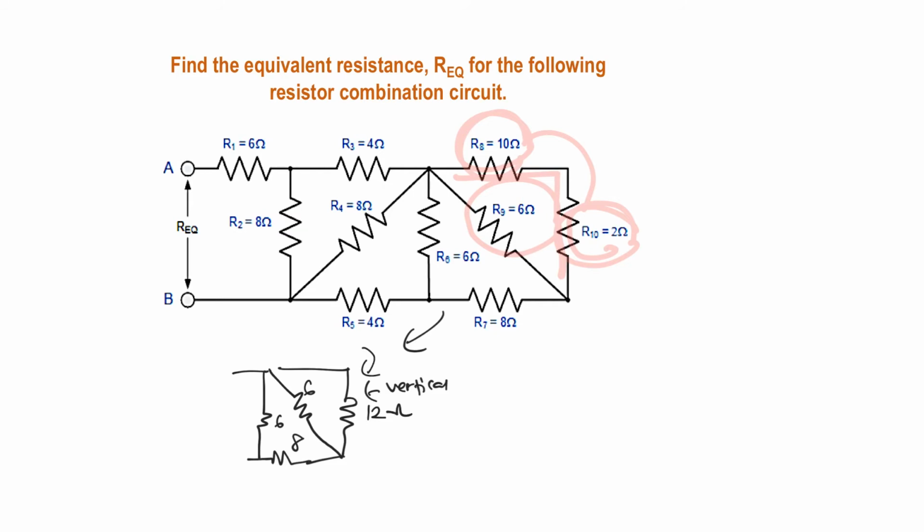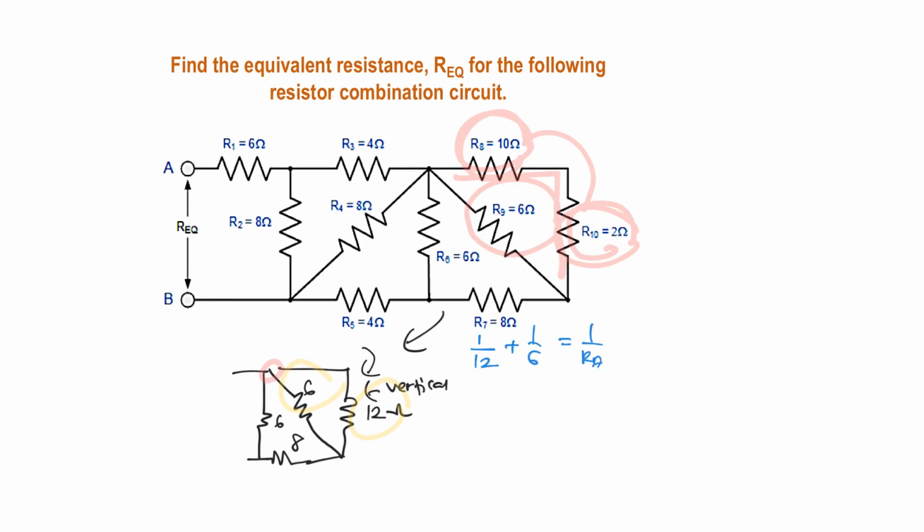So 12 and 6 is basically parallel. Like I mentioned before, if you see a junction here, definitely it is going to be parallel. So for 12 and 6, you are going to get 1 over 12 plus 1 over 6 equals 1 over RA.